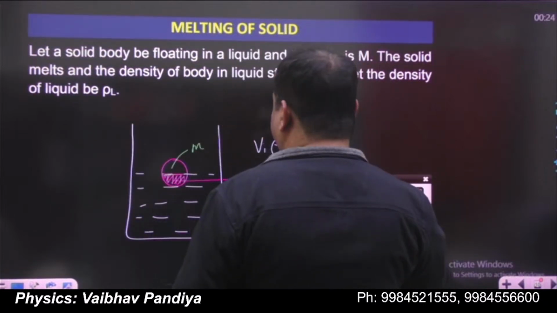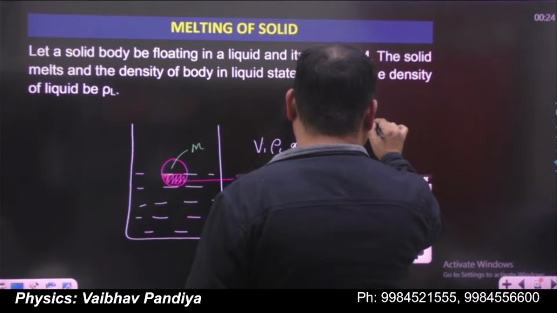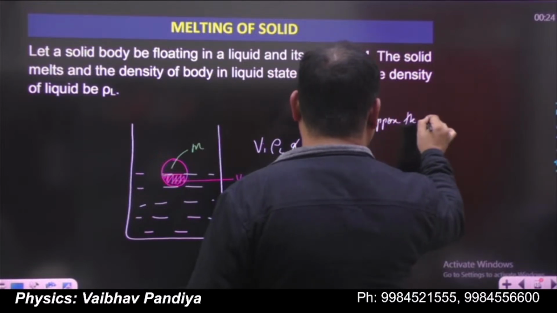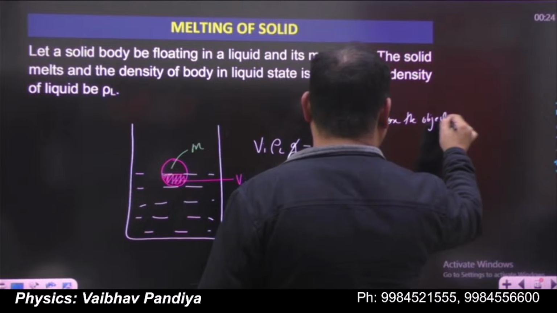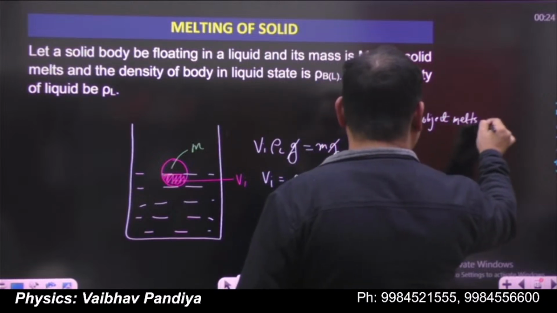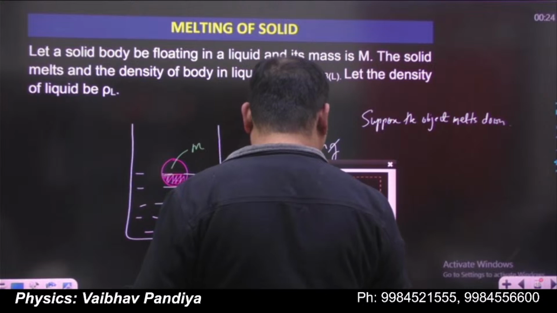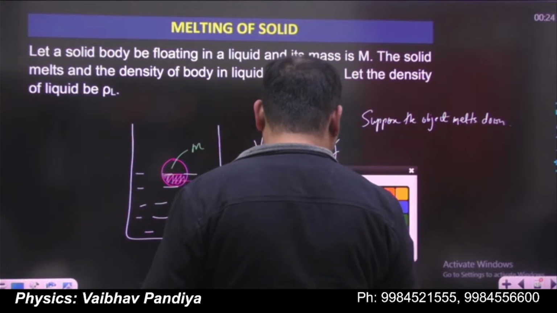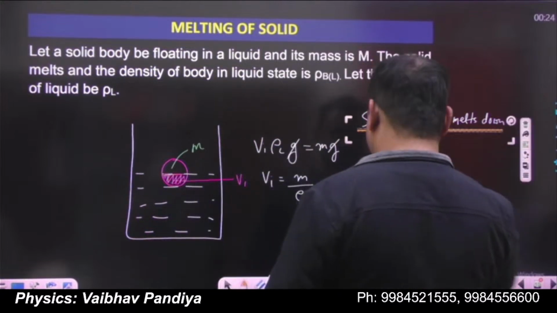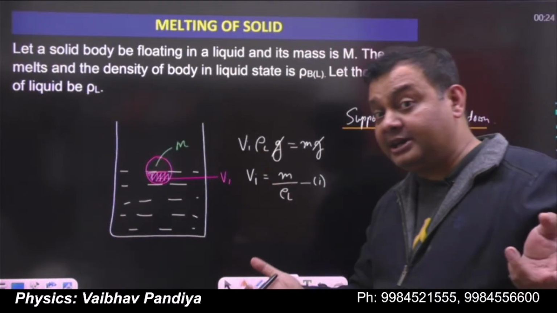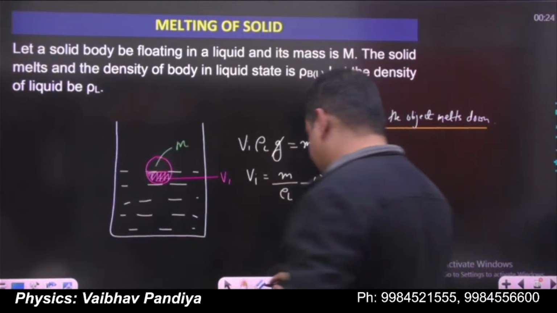Now suppose the object melts down. Suppose we have a cube of ice in a glass of water and the ice melts, correct? So when the object melts down, it will be converted into the liquid state.